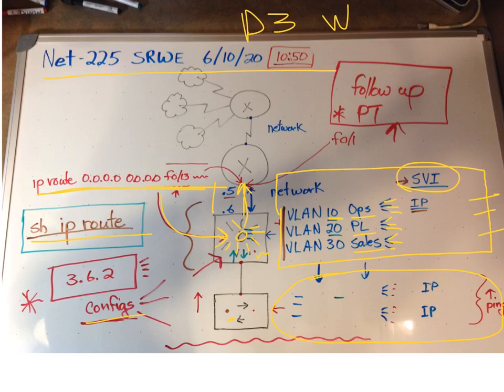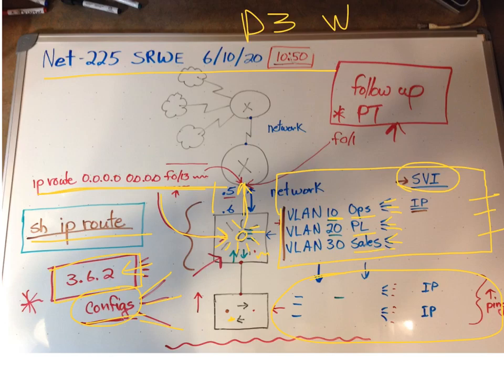Okay, so to wrap up the day, you guys can submit at least your configs for all 3 devices. If you do some clarification, you don't actually have to submit the document in 3.6.2, but you should read through it just to see what questions they were asking.